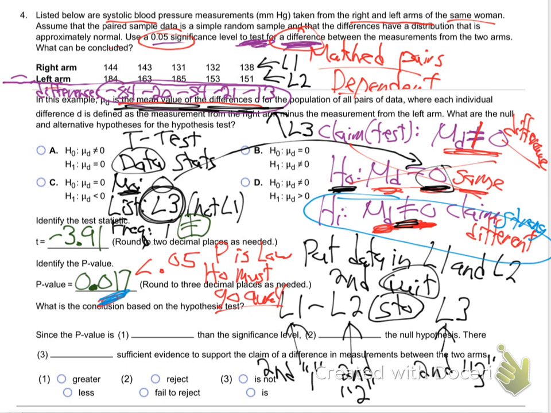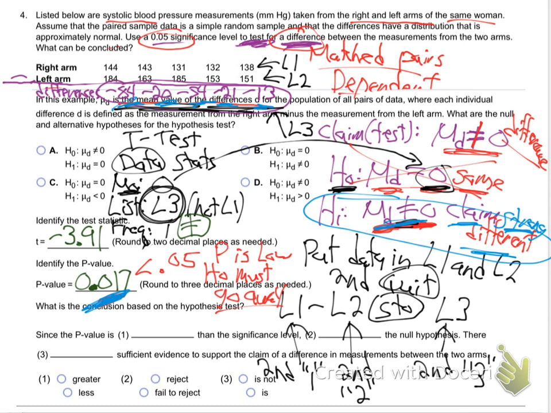We believe this is not luck, that this is a real difference between the right arm and the left arm. Look at these differences. They all came out negative. That's strong evidence. That's why the probability of luck came out so low. There's no way that could just be luck. They all came out significantly negative. So that's strong evidence that the difference is not equal to 0. They really are different. The claim is right.